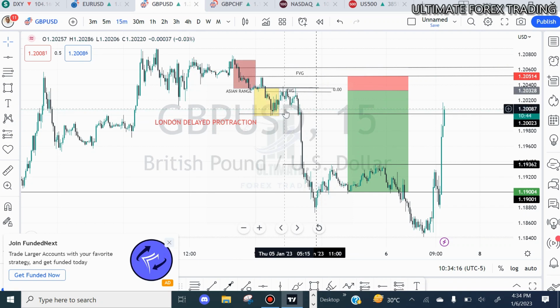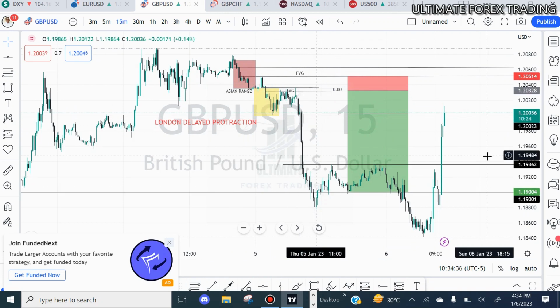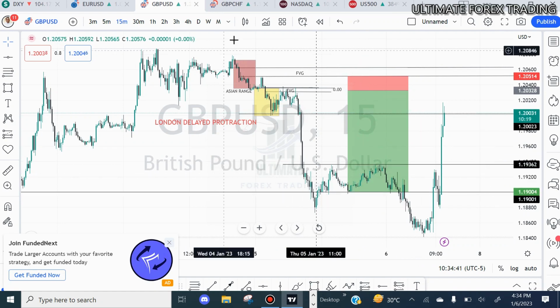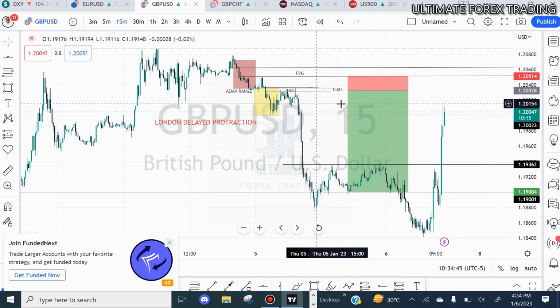If you really need more confirmation, you can go to lower time frame to wait for confirmation, but I don't really need that. Most of the times I usually take my trade on the 15-minute time frame, right? Because sometimes I think that going to lower time frame than 15 minutes will really give me a lot of ideas.